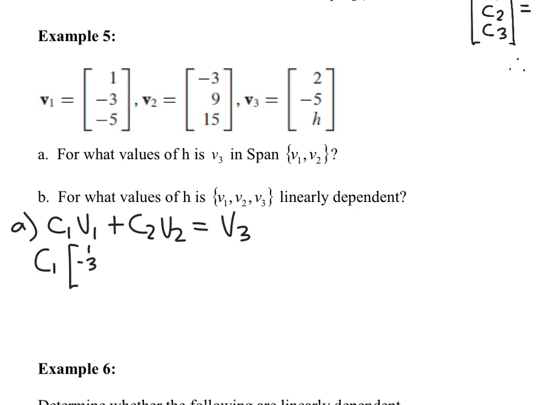C1 times 1, negative 3, 5. Negative 5, that is. My penmanship got a little out of hand here, so I'm just going to tidy that up a little bit. It's just V3, not C3 V3. It's just V3.